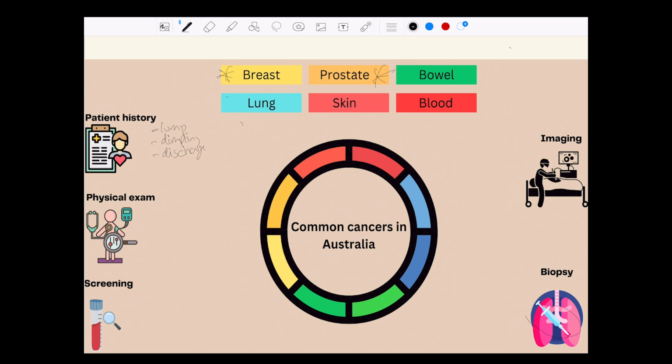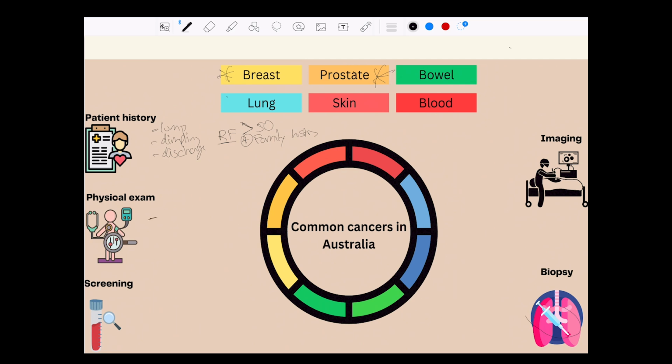So these are some common symptoms. Risk factors. So the risk factors associated with increased likelihood of breast cancer are age, so over the age of 50, a positive family history, and the patient's reproductive history as well.